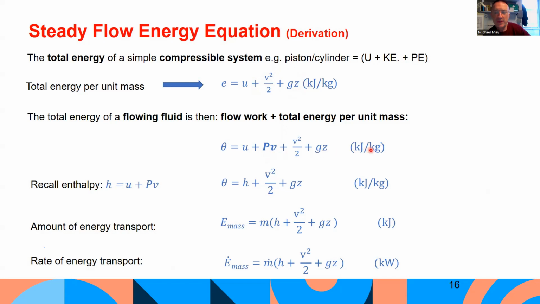So that's kilojoules per kilogram. We see there's a relationship there. U plus PV is actually enthalpy. So we add enthalpy in there instead of U plus PV. And we have this in kilojoules per kilogram. If we want to express it in terms of kilojoules only, we multiply by mass. If we want to express it in rate form, we multiply by m dot and get kilowatts.